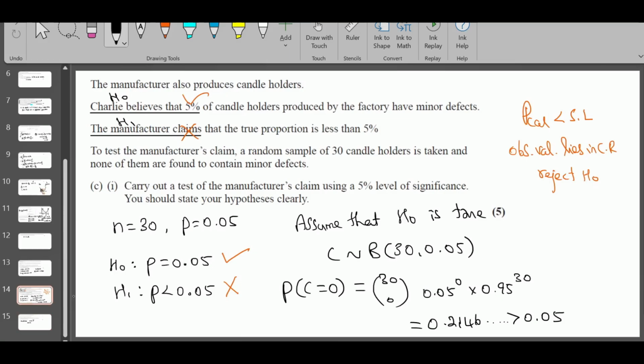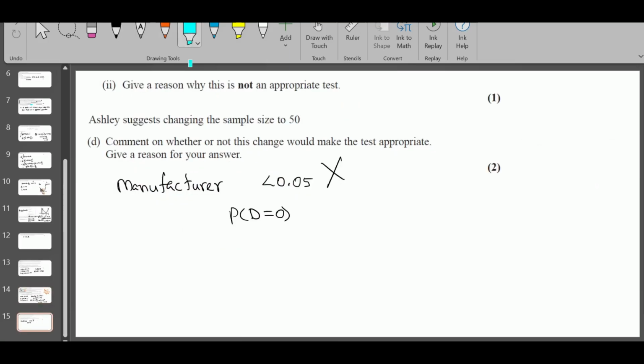But this is what the manufacturer is also saying, that it's less than 0.05. So it can be 0 also. So by right, we should have accepted the manufacturer's claim, but as per the hypothesis testing, since the calculated value is bigger than the significance level, bigger than the threshold, we rejected his claim, right? So that's why this is not an appropriate test.